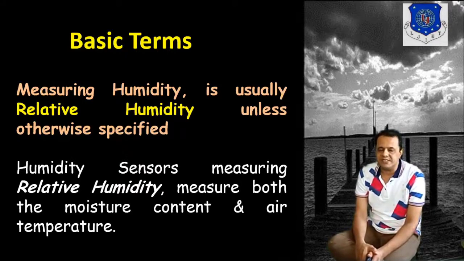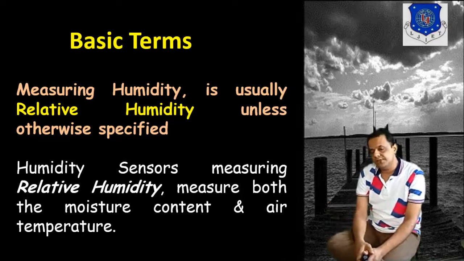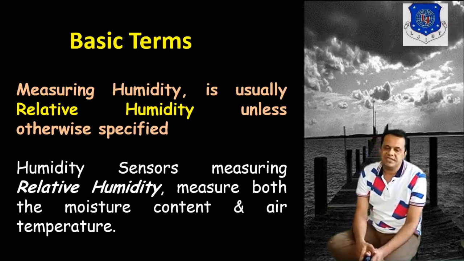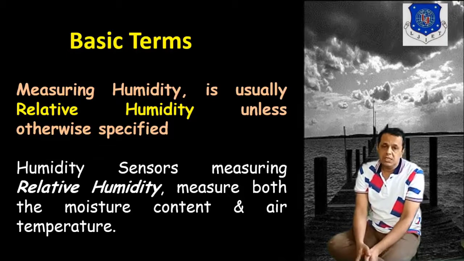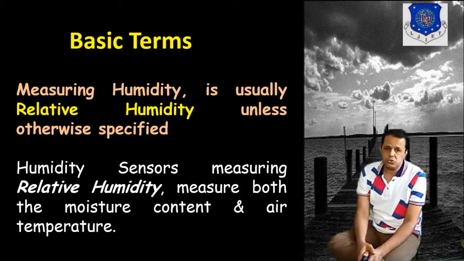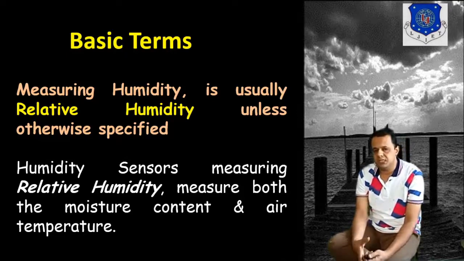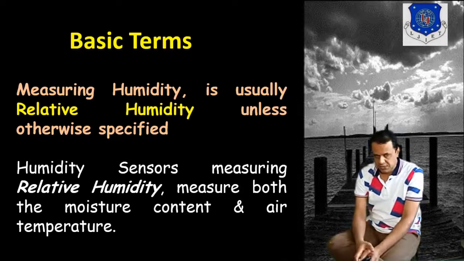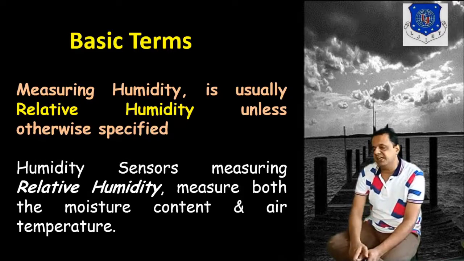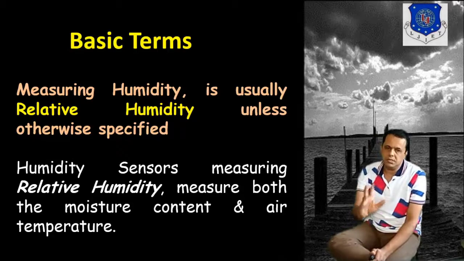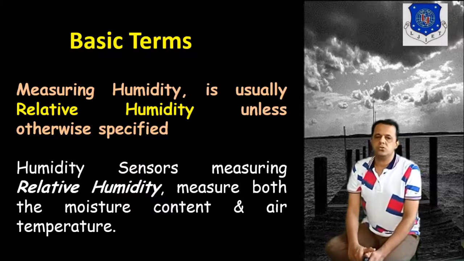Now humidity sensors. You must have heard of the DHT series. The DHT is not only measuring humidity, it also measures the temperature. These sensors are commonly used for average measurement. They also measure the air temperature, because humidity depends on the temperature too.